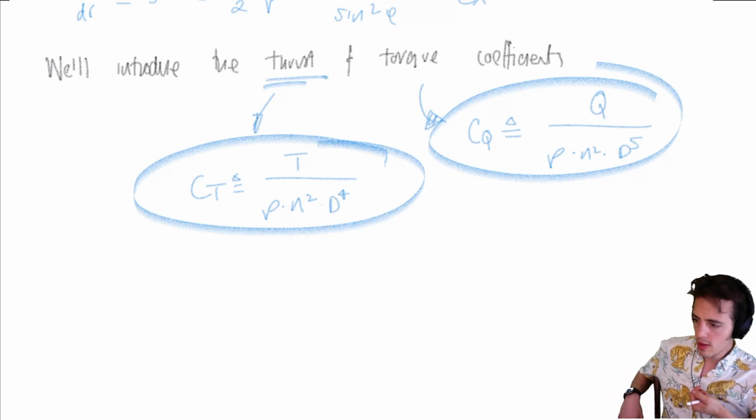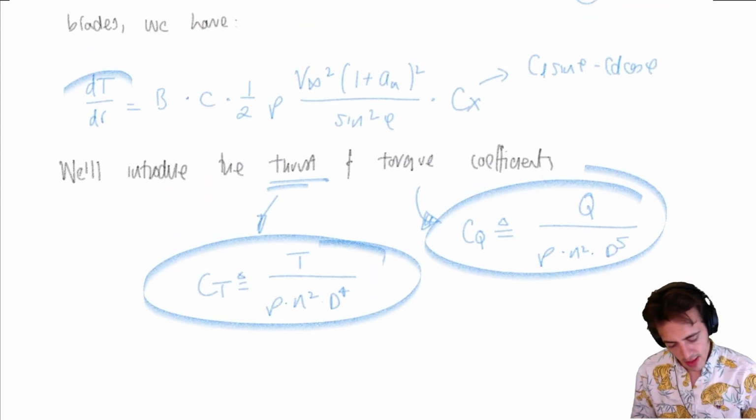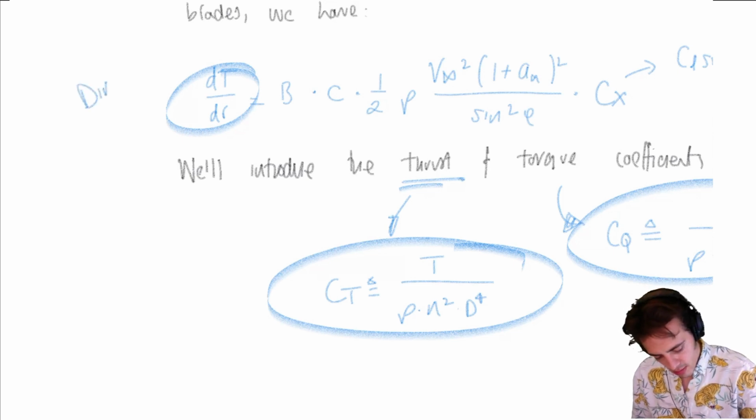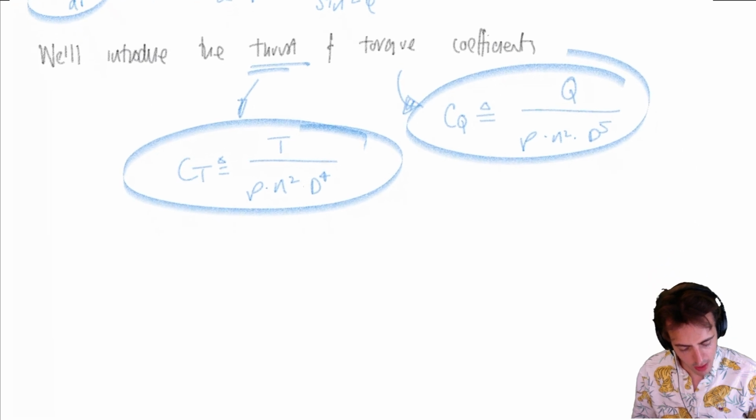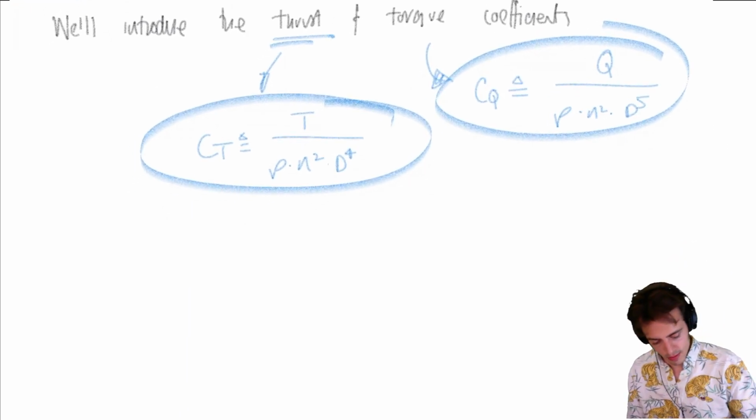Now let's change what we have in here. So these are dimensional. We're going to convert them to non-dimensional. So we'd like to now express the non-dimensional thrust and torque gradients.